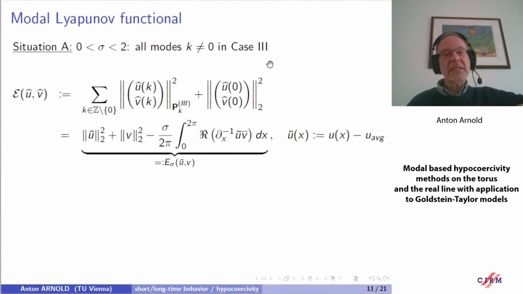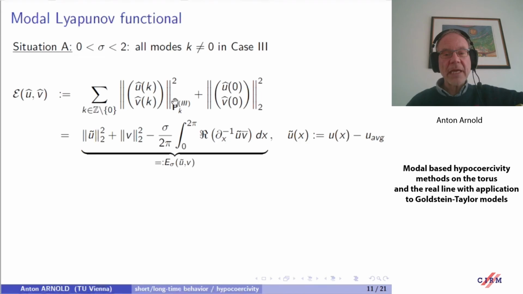This means if I want to construct a Lyapunov functional for this example based on the modal information, I call this E for my Fourier transform variables u hat and v hat. I just add up all the modal contributions of these norms with the modified norm P_k depending on k.